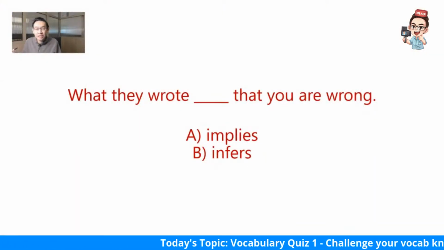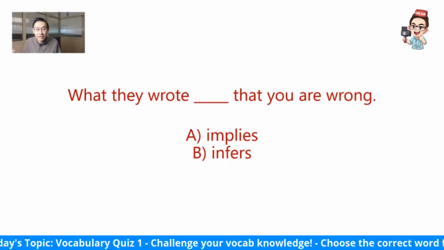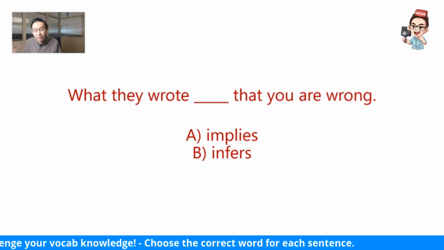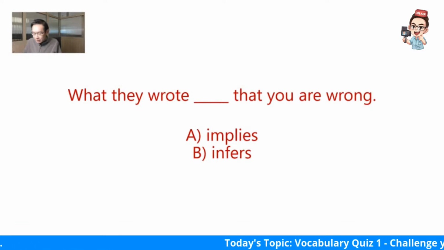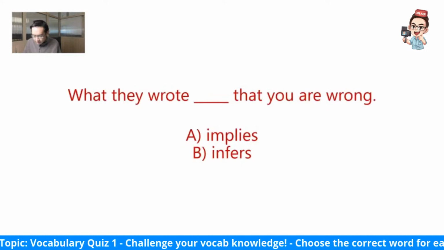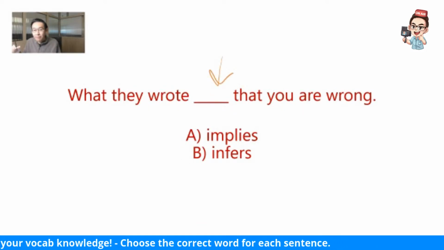So let's get to our first sentence. So here is the sentence. I hope it's on the screen for everyone now. So I want you to choose from A or B which word is best for this blank. Okay, just a moment. Okay, so which word is the best for this blank?